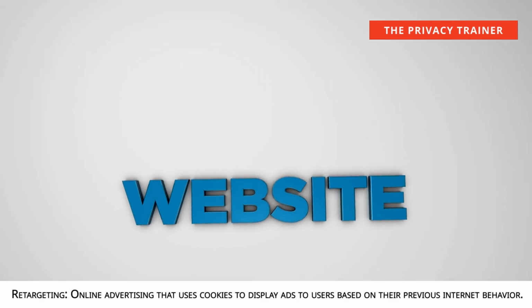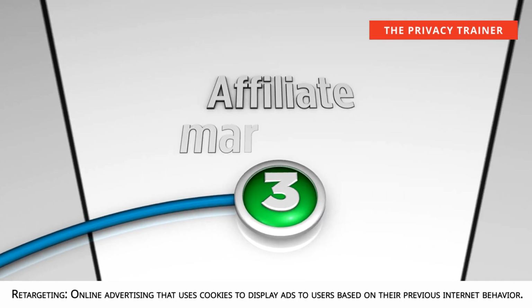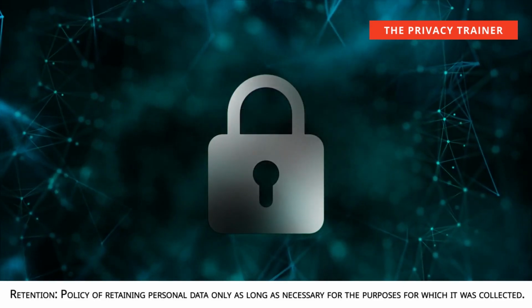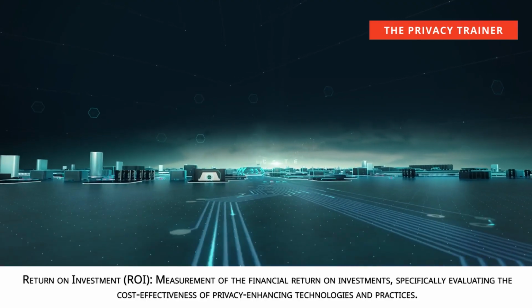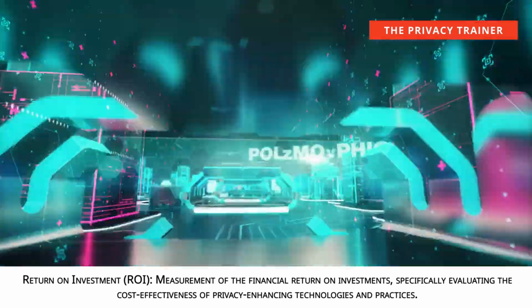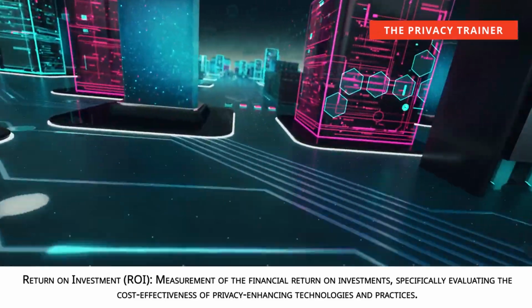Retargeting, online advertising that uses cookies to display ads to users based on their previous internet behavior. Retention, policy of retaining personal data only as long as necessary for the purposes for which it was collected. Return on investment, ROI, measurement of the financial return on investments, specifically evaluating the cost-effectiveness of privacy-enhancing technologies and practices.